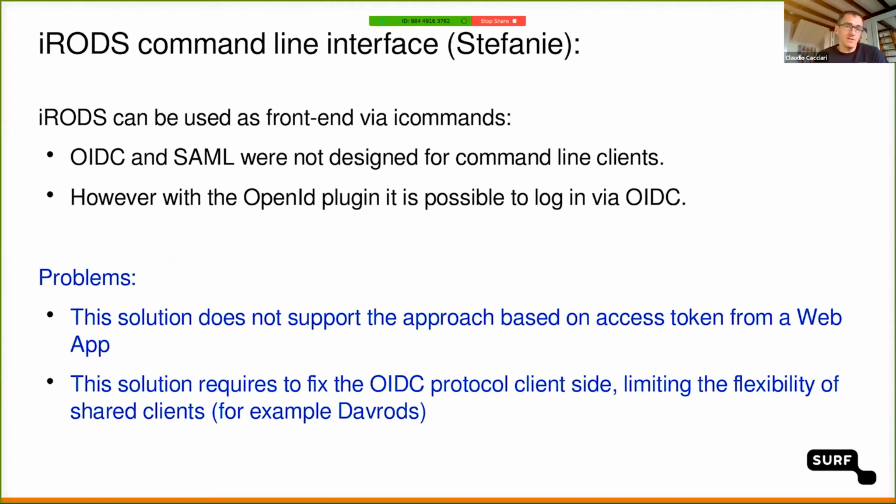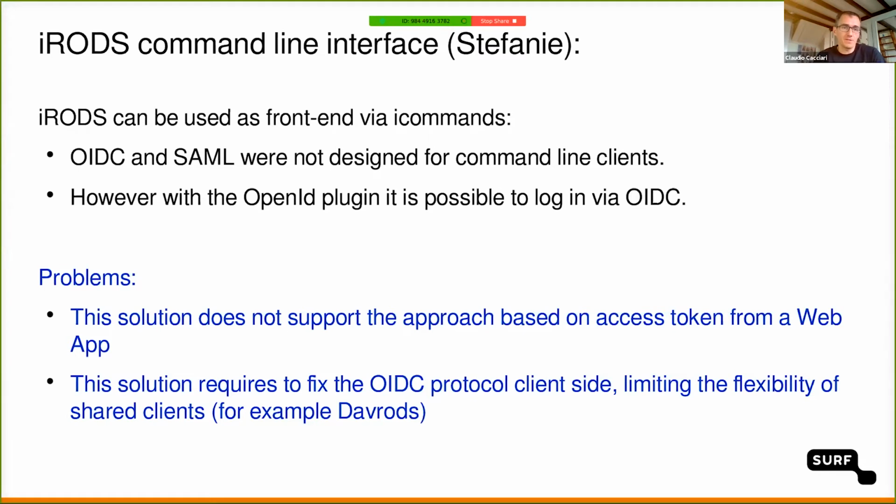Then we have Stefanie. We want the authentication of Stefanie to be user-friendly and to support federated identity management, like in the case of Mark. So we would like to use OIDC and SAML in this case too. There is already a plugin for supporting OIDC with iRODS.